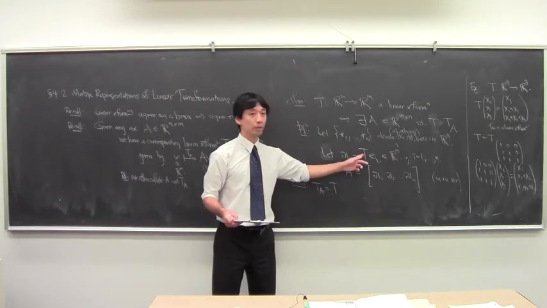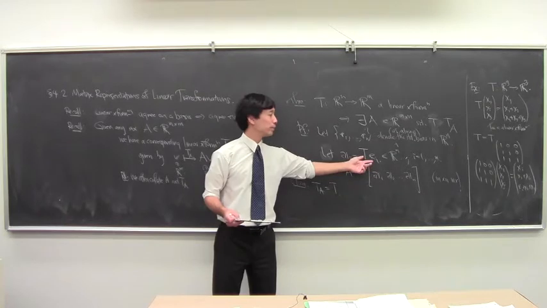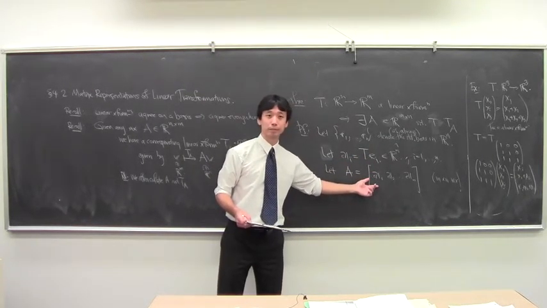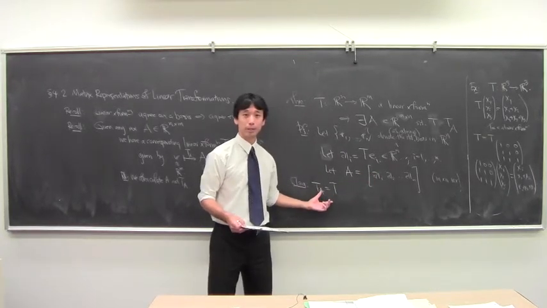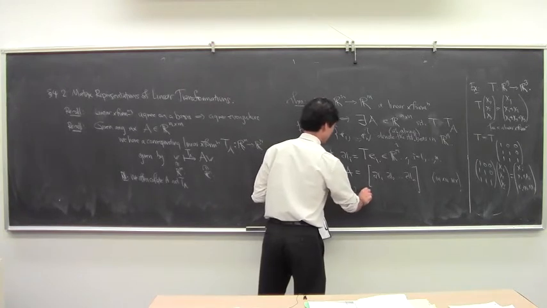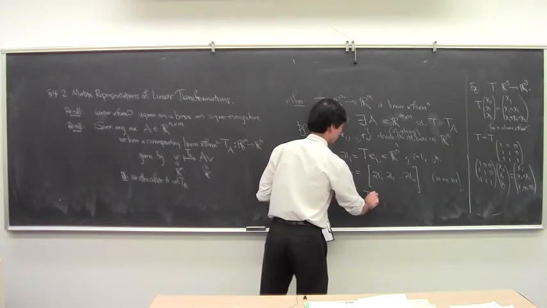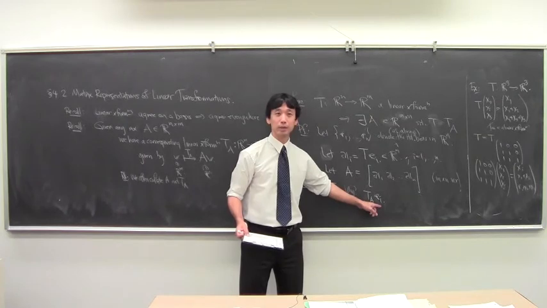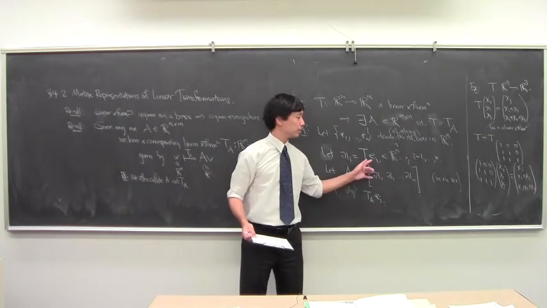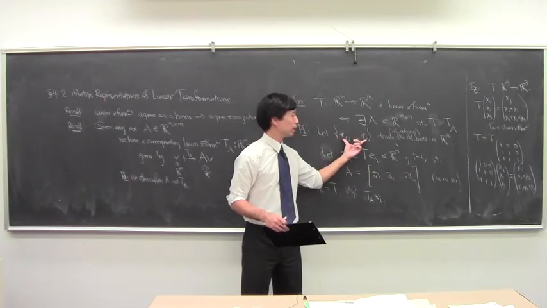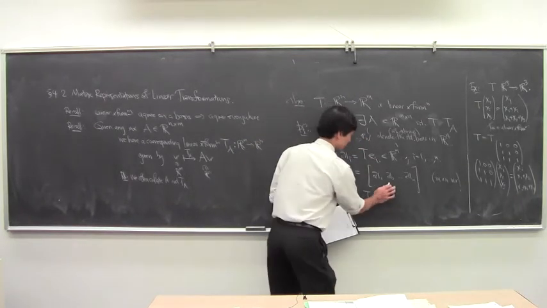Just take T's action on the standard basis vectors, look at those outputs, and make a matrix out of those guys. And that's going to work. The reason is, if we look at T sub A on the ith standard basis vector, let's look at E1.